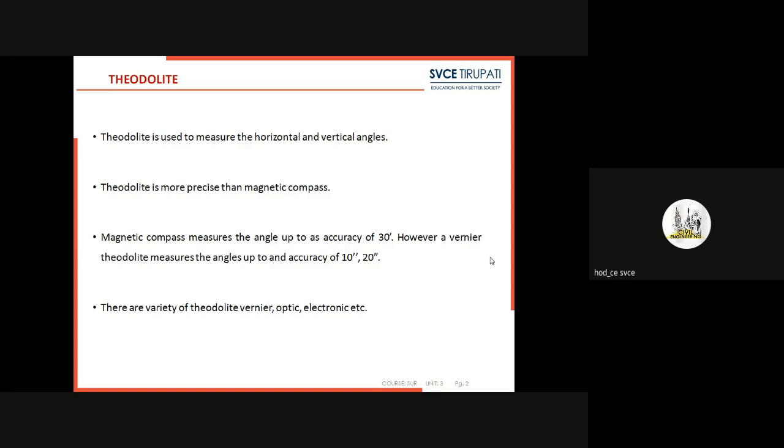Whereas coming to the vertical circle, within the vertical circle we can't set 0 degrees, 0 minutes, 0 seconds arbitrarily. In which condition can we set it?